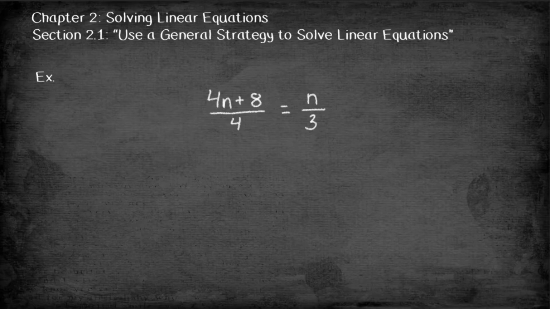So I could use the distributive property in reverse. In other words, I'd be factoring. And hey, now this fraction reduces. So I have n plus 2 equals n/3.